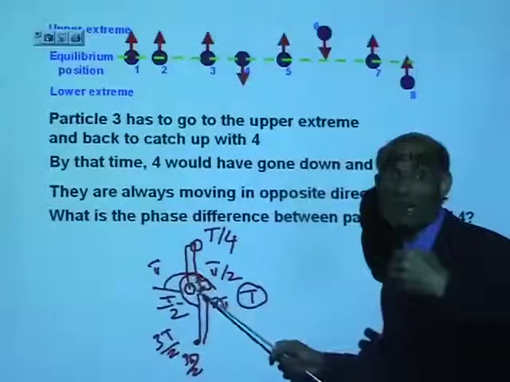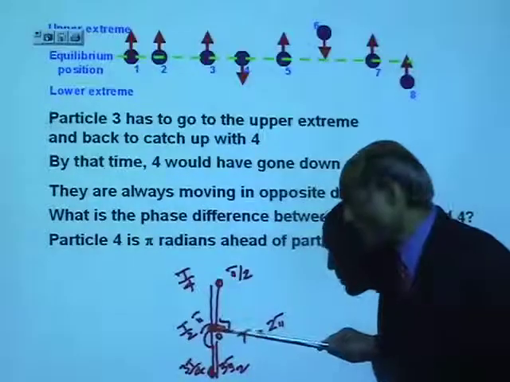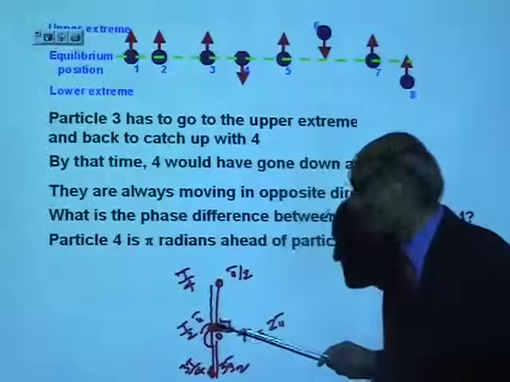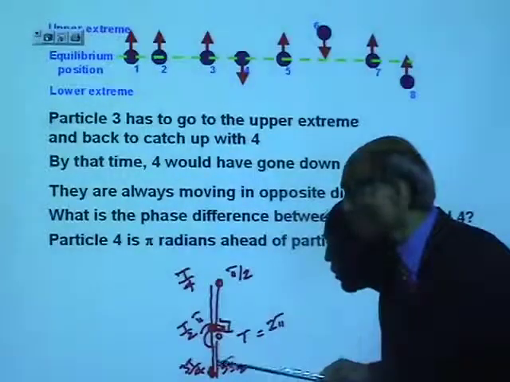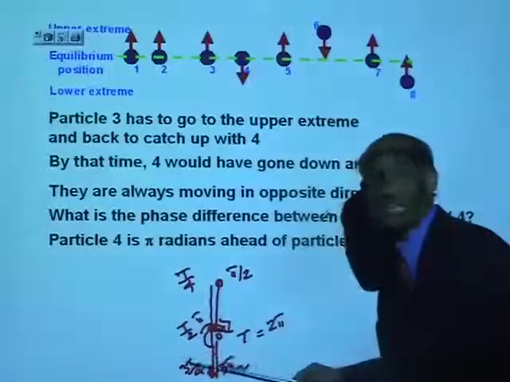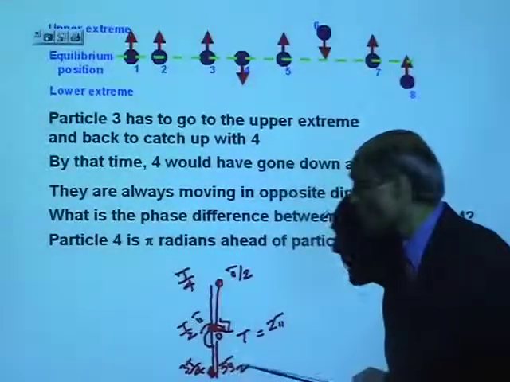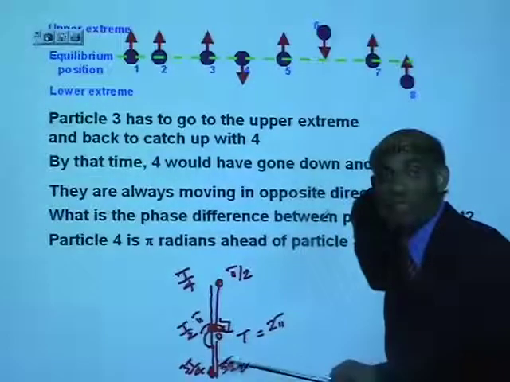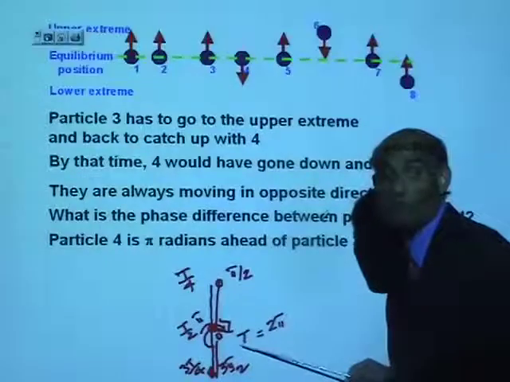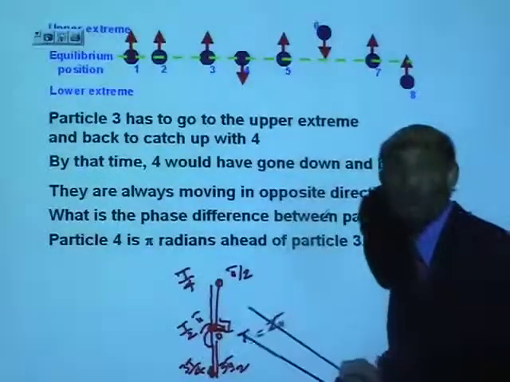You see that? In three quarters of the period, when the particle goes down to the lower extreme, it has now completed 3/4 of a vibration. So the time is 3T over 4, which corresponds to the phase angle of 3 pi by 2. And when it is back to the equilibrium position, one full period is the same as the phase angle of 2 pi.